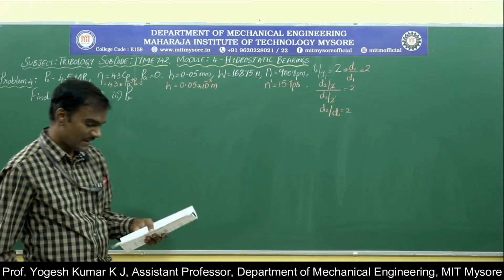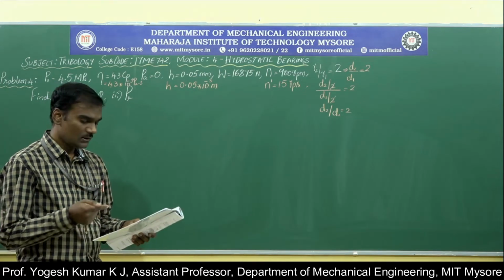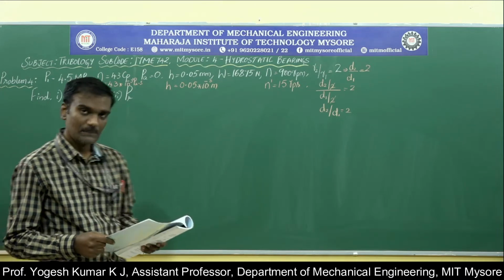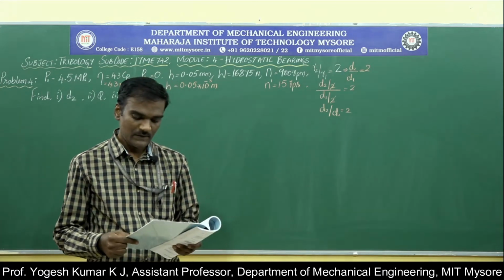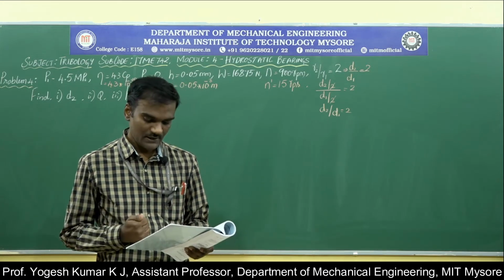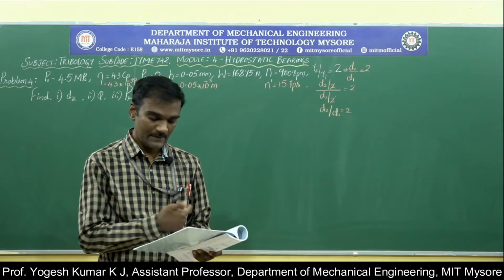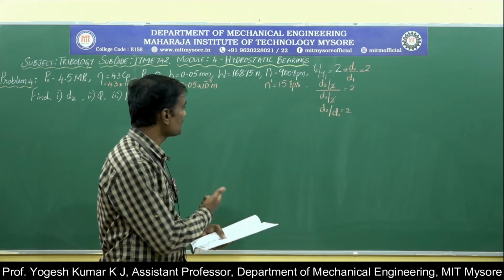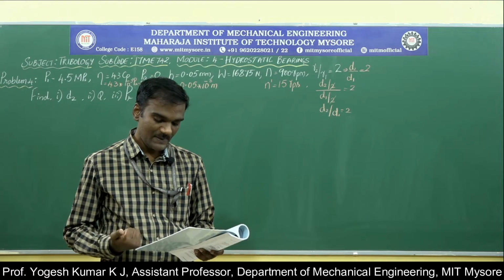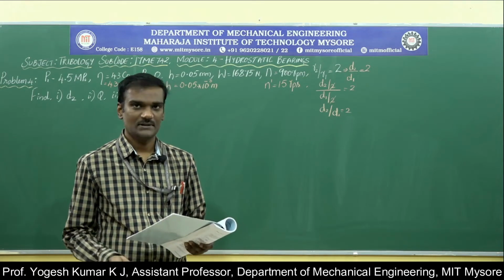Now observe the problem. We have equations for P naught, the oil supply pressure, the load carrying capacity, as well as the flow rate. The supply pressure equation is a function of the load carrying capacity as well as the diameters. The load carrying capacity is given and the diameters are unknown. The load carrying capacity is a function of the supply pressure and the diameters.